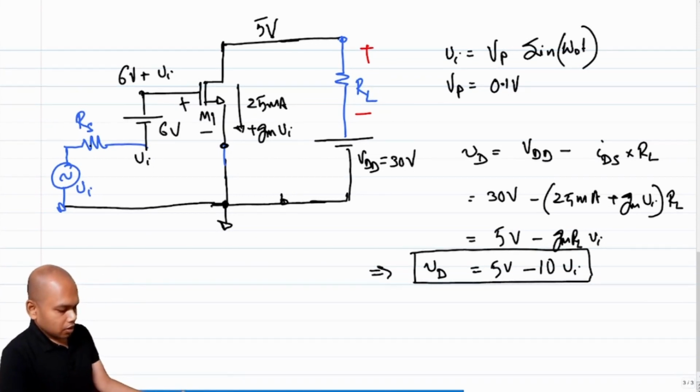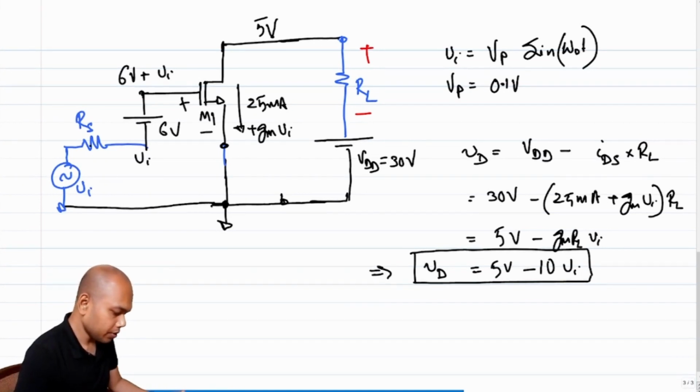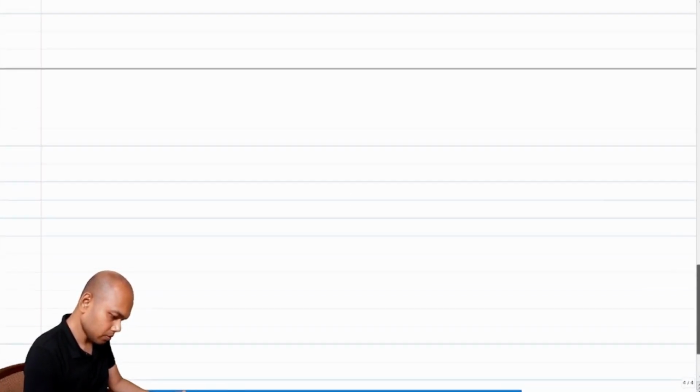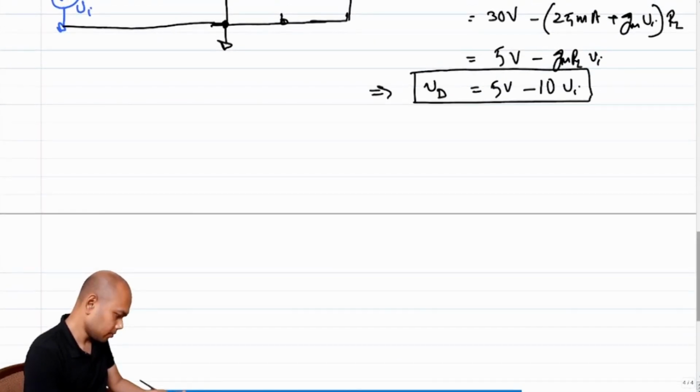So now what do you think is going to happen? Note that your Vi is 0.1 volt sine omega t, which essentially means that, so let me take a different page.